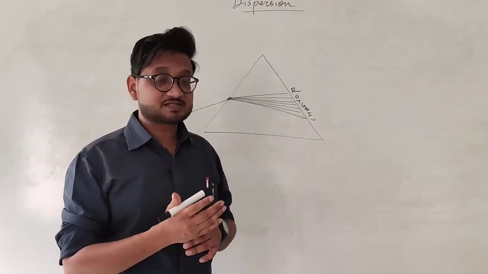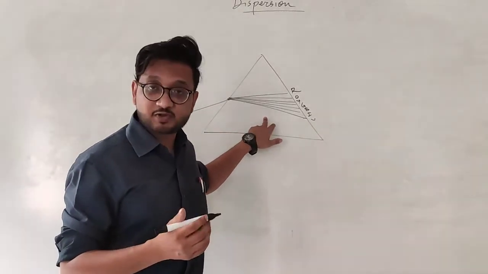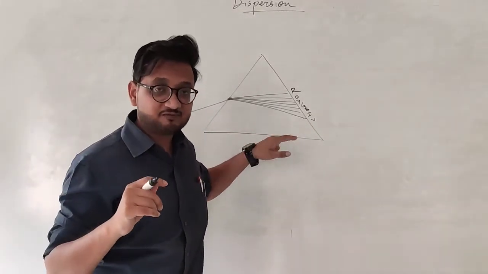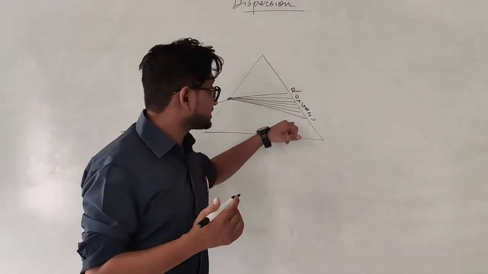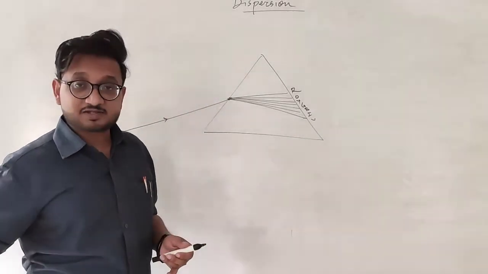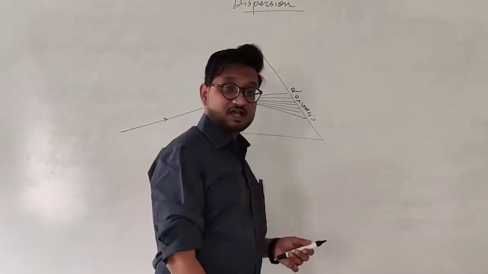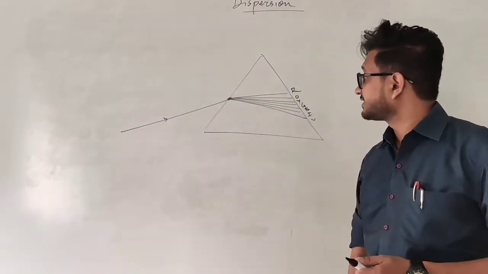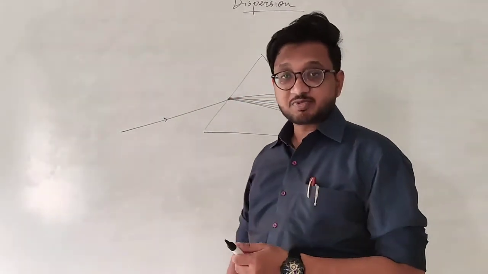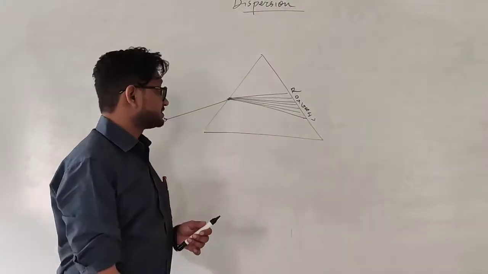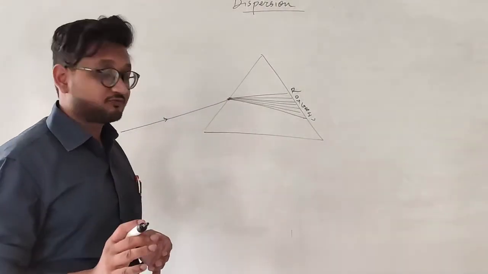It has the maximum frequency because of its minimum wavelength, and that is why it is affected the most. On the other hand, the red color, which has the maximum wavelength, is affected the least because it has the least frequency because of the maximum wavelength.